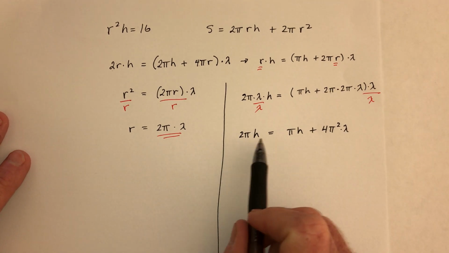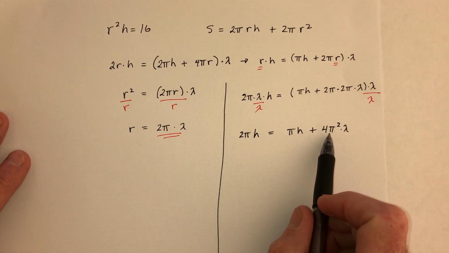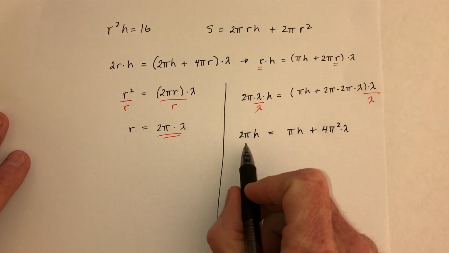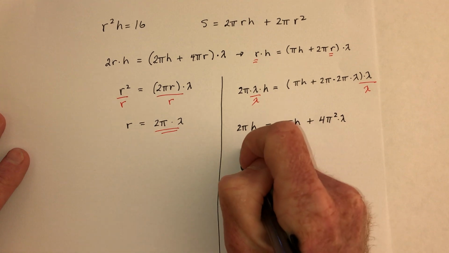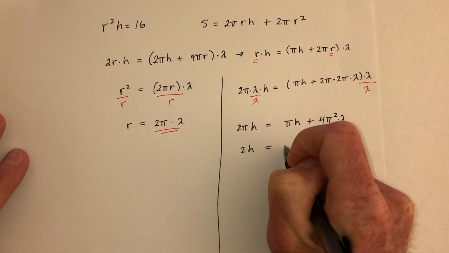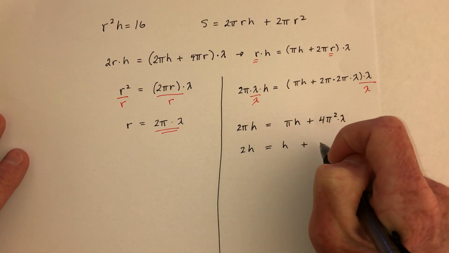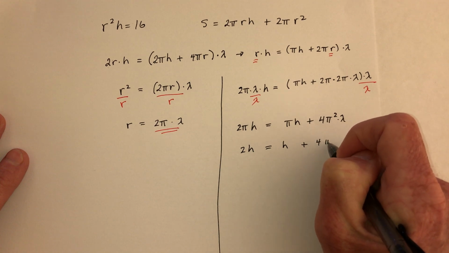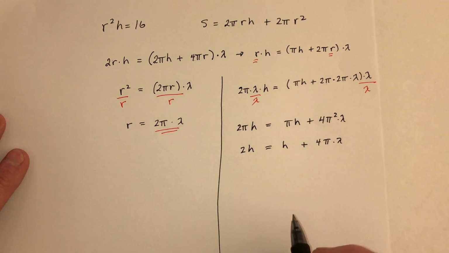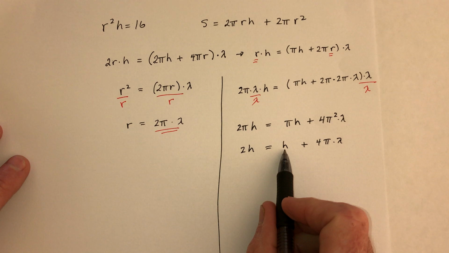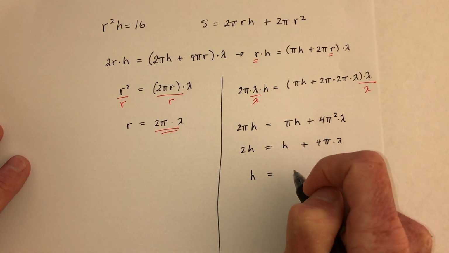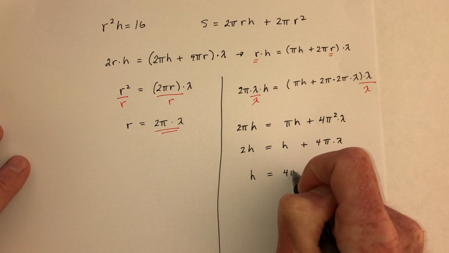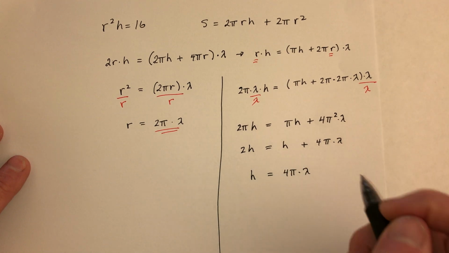And next I could divide out all the pi's. So it would leave 2h equals h plus 4 pi lambda. Oh, good. Now just subtract h. So 2h minus h is h, so h equals 4 pi lambda.